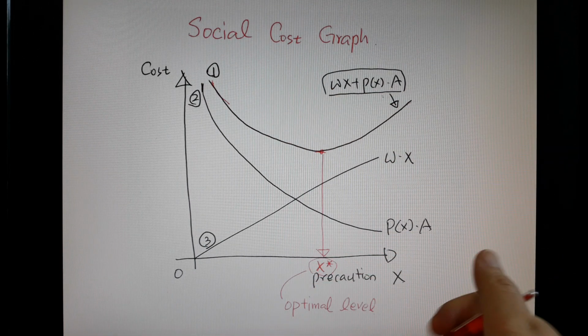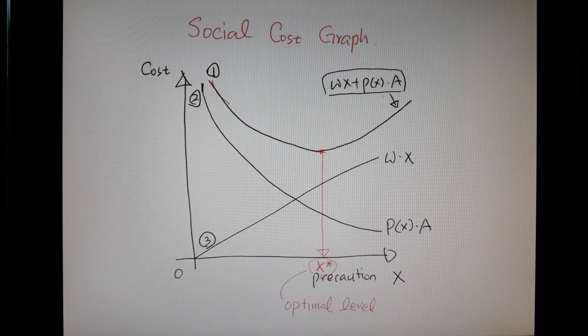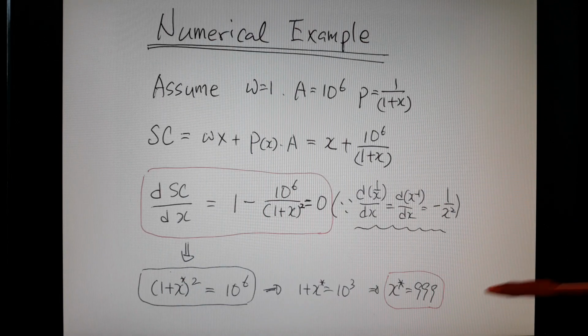So we found the optimal precaution level this way if we use the graph. But if we use the calculation, this is how you find it. The graph and this numerical example are the same thing, but in the numerical example you have to calculate. And of course, if the numbers are given, the numerical example gives us more accurate numbers.